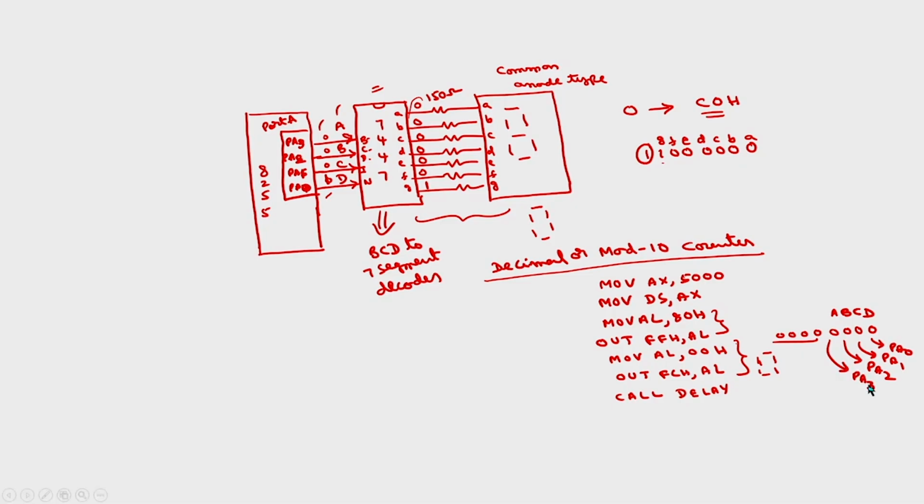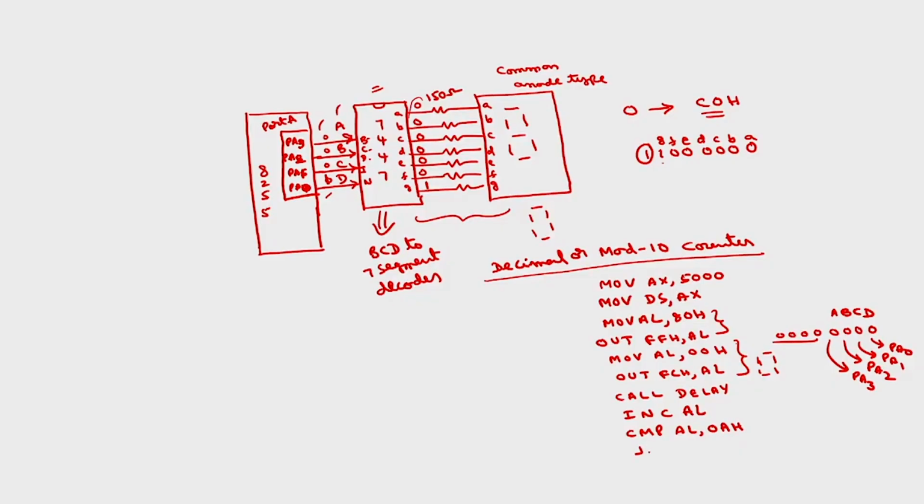After that I will write INC AL. I will compare AL with 0AH, because I want to display up to 9. So I am comparing with 10. Whenever AL becomes 10, these two will be equal, it will come out of the loop, so 10 will not be displayed, it will display only up to 9. I use the jump not equal instruction to the label up.